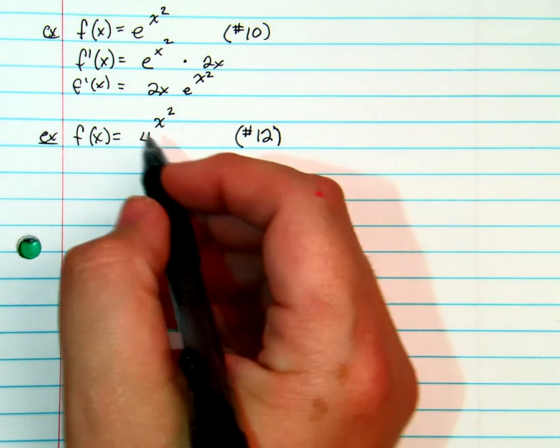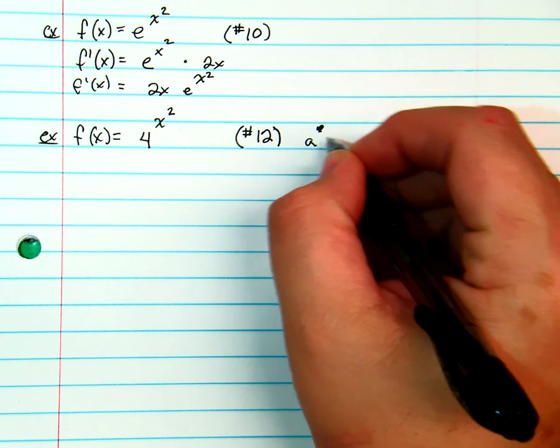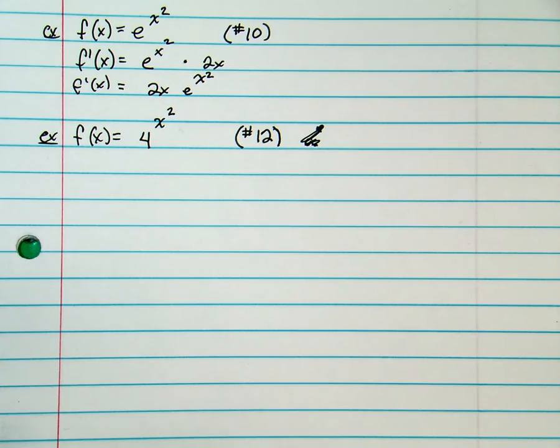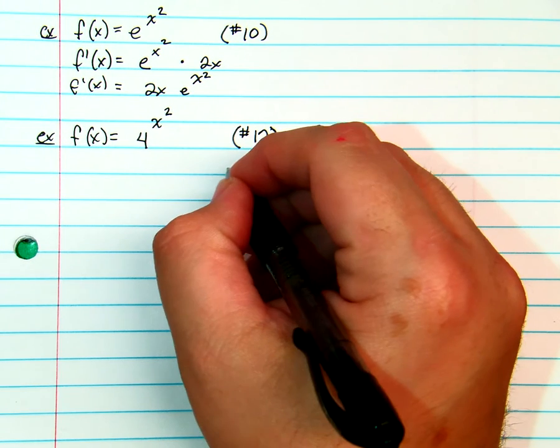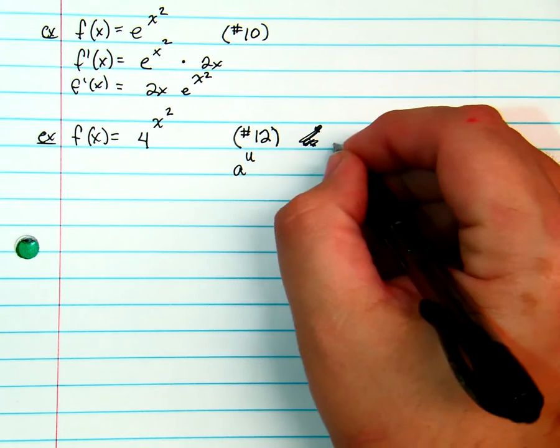All right. Now, this is an a to the x, or in the rules it's a to the u, where u is a function of x.